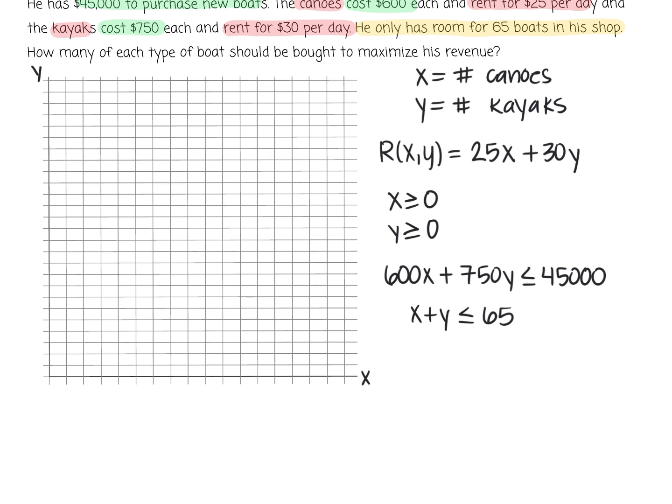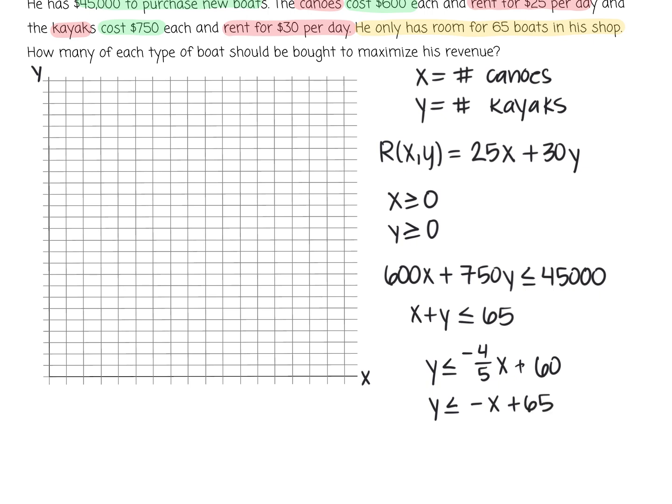So for my first one, I would subtract the 600x from both sides and then divide by 750. So I end up with y is less than or equal to negative 4/5 x plus 60. And for my second inequality, I'm just going to subtract x from both sides, and I get y is less than or equal to negative x plus 65.